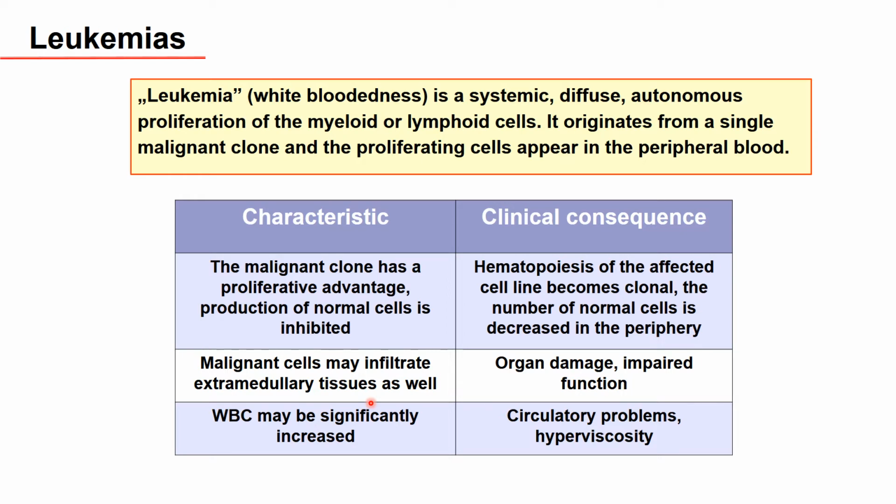This is why it's called leukemia. It usually originates as a monoclonal disease, from a malignant clone that starts to proliferate and invade the peripheral blood. Not only does the proliferating capability increase, but apoptosis, or let's say contact inhibition, is altered in these cells, so they won't feel that they're so crowded.